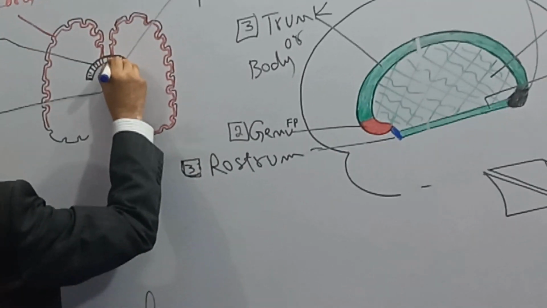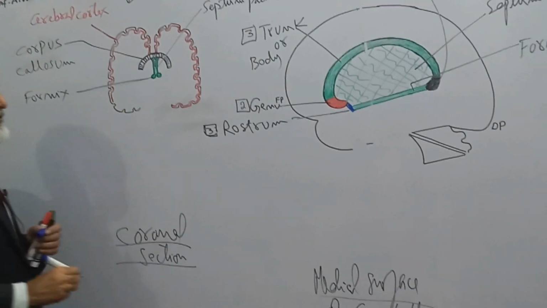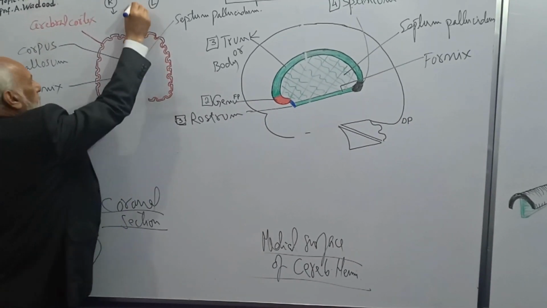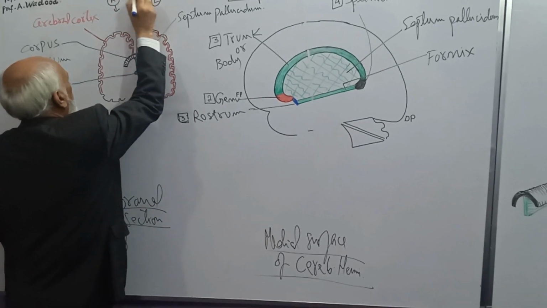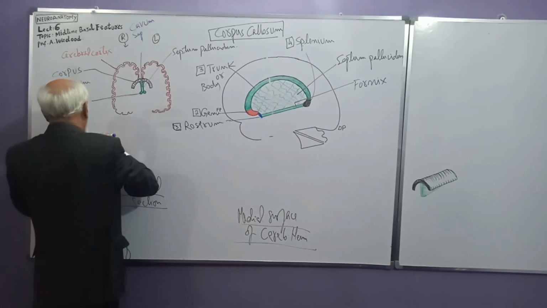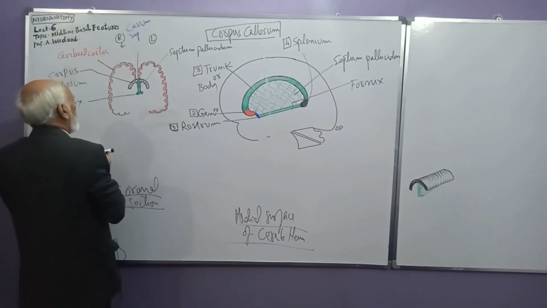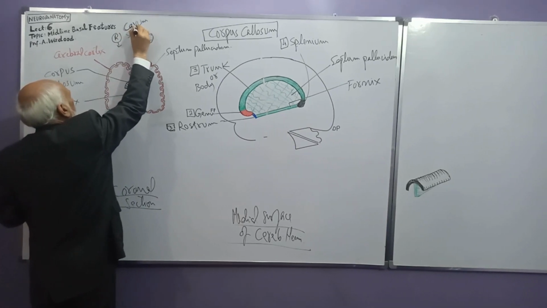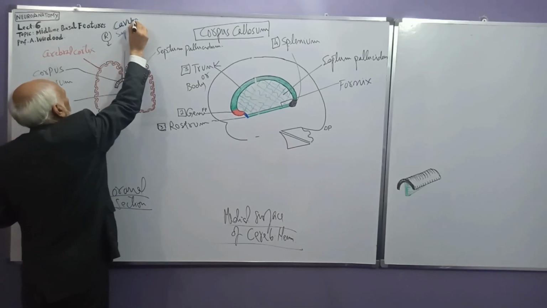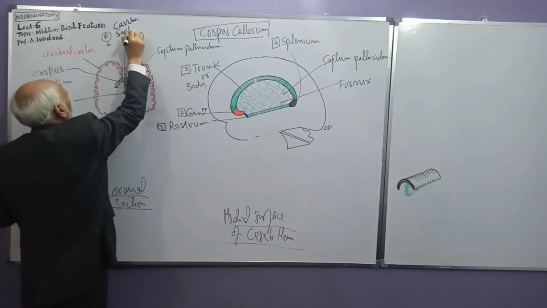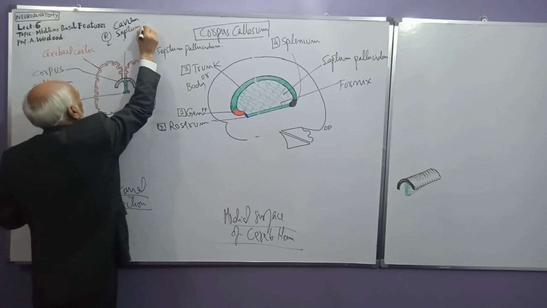This small cavity here in the upper part of the septum pellucidum, just under the corpus callosum, is known as the cavum septum pellucidum.